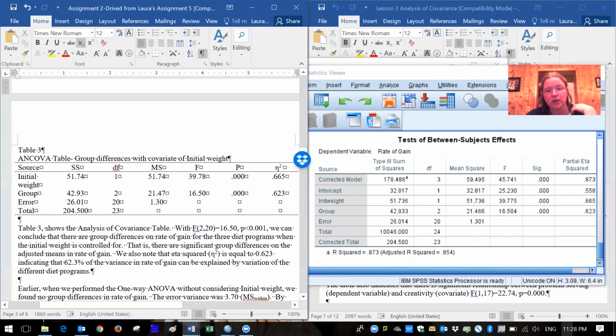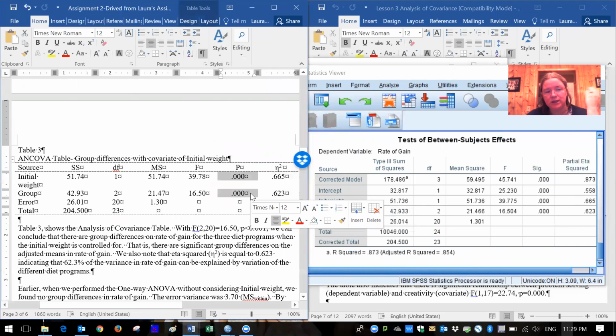So notice here, my numbers are exactly the same. And I have the initial weight, group, error, and total. And then the eta squared, 0.665 and 0.623 are here. Now both of these are significant. That's good.